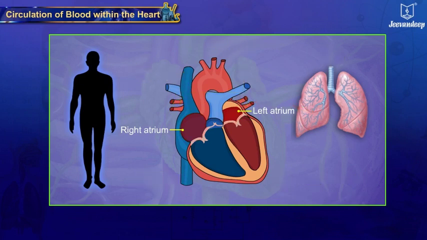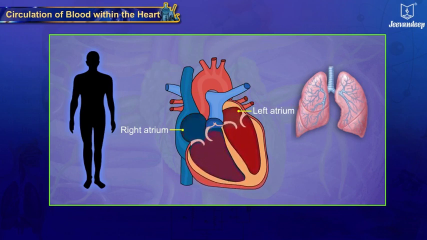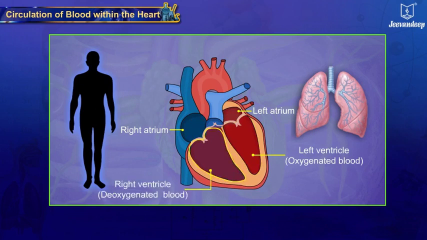Both the atria contract and push blood into respective ventricles, which expand to receive the blood. Left ventricle gets filled with oxygenated blood, and the right ventricle gets filled with deoxygenated blood.